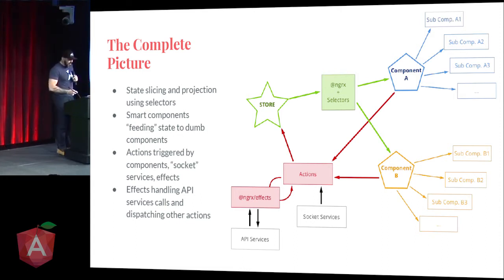The components that are plugged into the store are usually called containers or smart components. Those sub-components are deemed dumb components. They only care about how the data is going to be displayed, and that's all they care about. They don't do any business logic whatsoever. And then your component is going to fire up actions, and that's going to mutate your state.